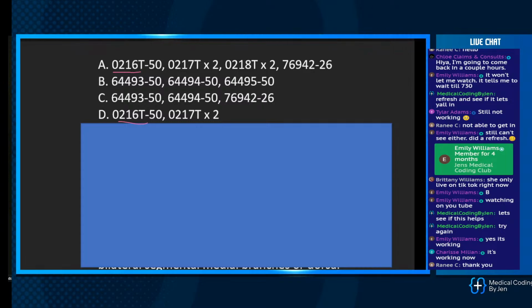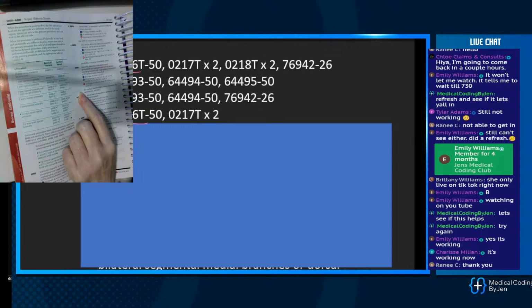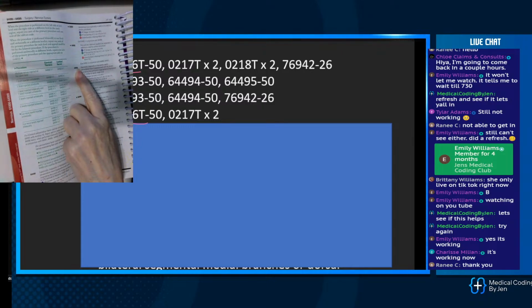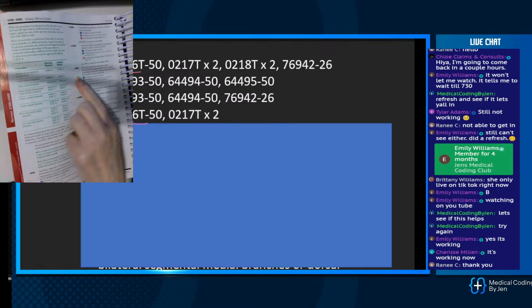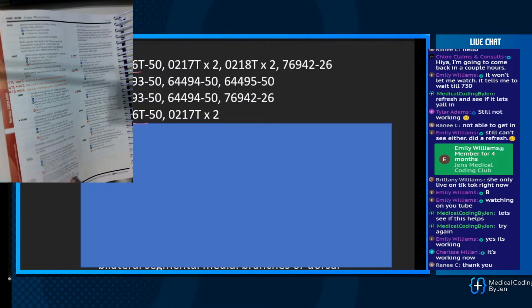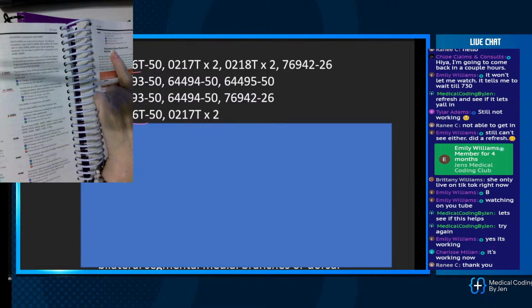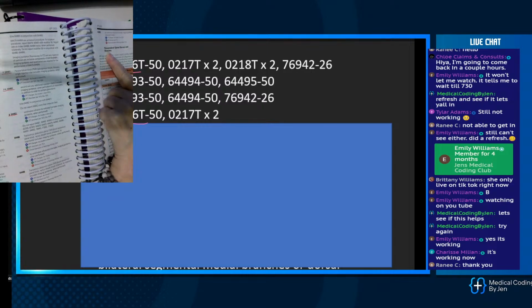So let me bring this up. If I'm looking for the 64493, I'm not going to look at my CPT descriptor yet. I'm going to go back and see if I can find a header of some sort. I see this one about the paravertebral spinal and nerve branches.